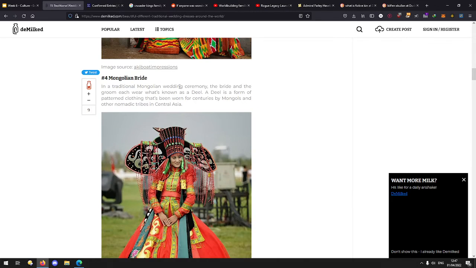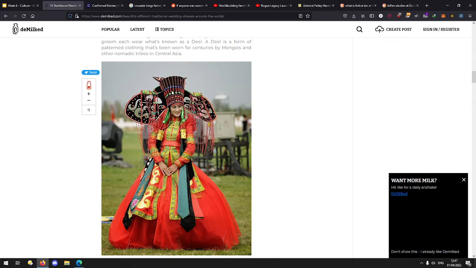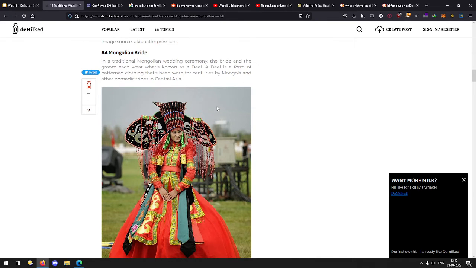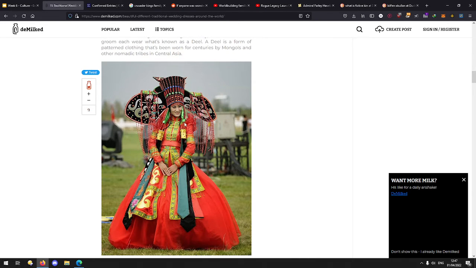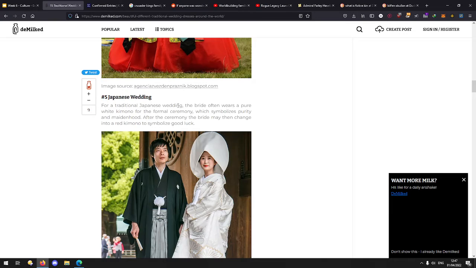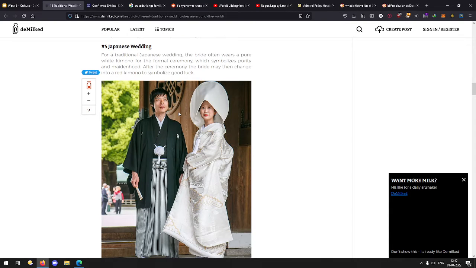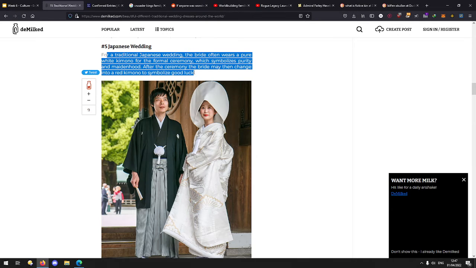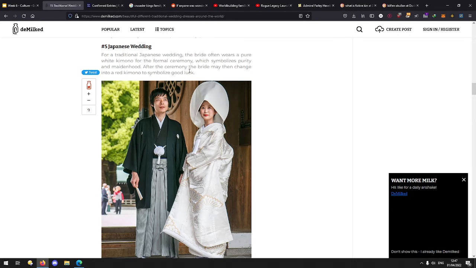Now, for example, this is a Mongolian bride, and you again see bright colors, and you see the very big hat, and there's not much else to say about that. Next, this is, for example, a Japanese wedding, and you see a simpler design here, and it might reflect the fact that Japanese are very practical people.